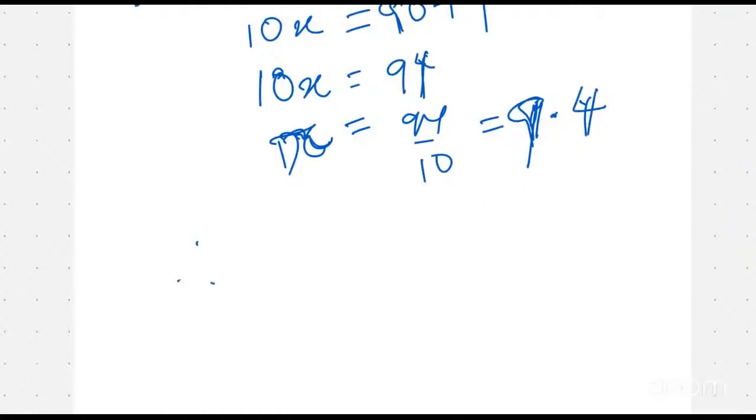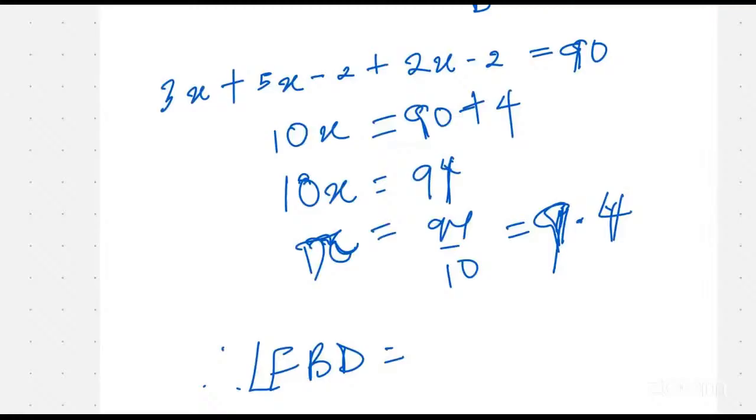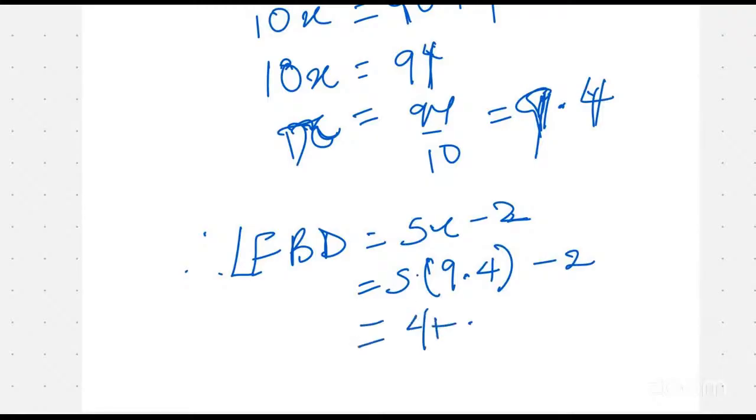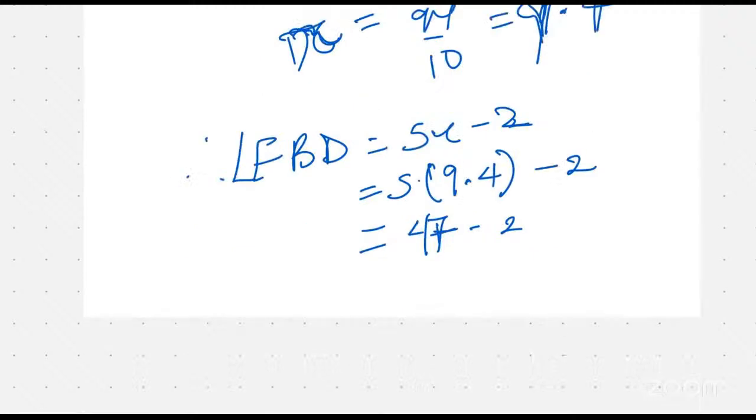Therefore angle EBD is equal to 5x minus 2, which is 5 times 9.4 minus 2. 5 times 9.4 is 47, minus 2, so 47 minus 2 gives us 45 degrees. And that's the angle EBD.